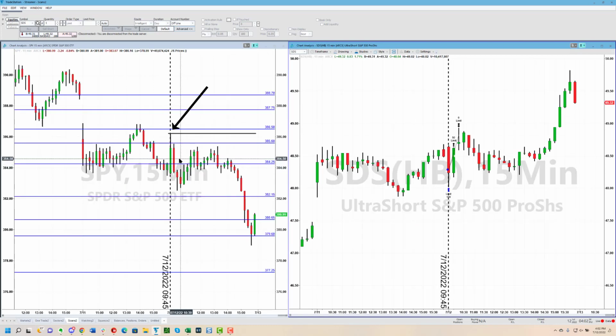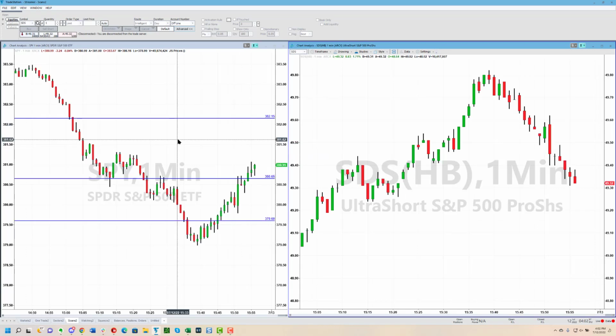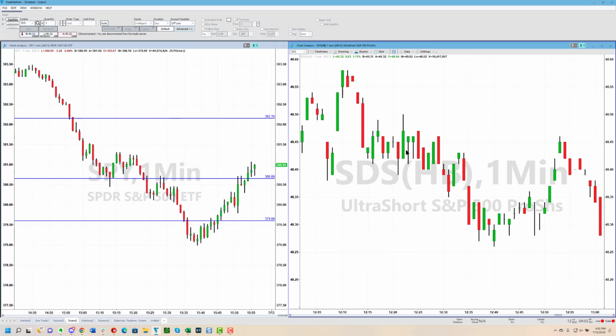I said, okay, if the market was going to close above this 15-minute candlestick here, which is right around the 385.60, then I was going to exit out of the trade. I wanted to keep this very, very tight because it was an aggressive entry. Knowing that, let's go back to the 1 minute chart and take a look at how everything played out.